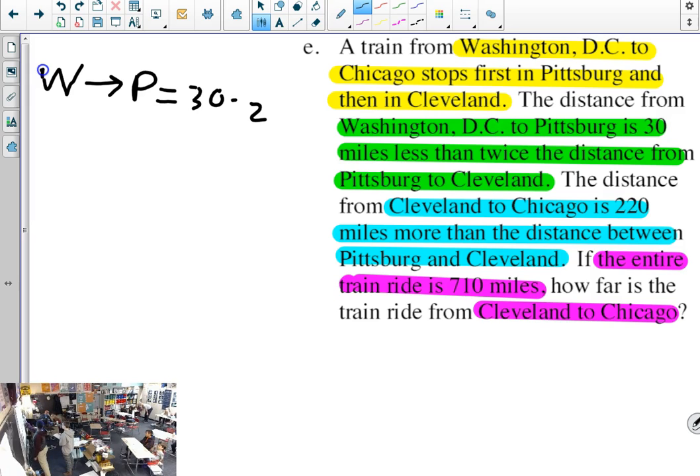Careful not to complicate it, is what you're saying. Be careful. What you're writing right now, the 30 minus 2 whatever, is not what the statement says.